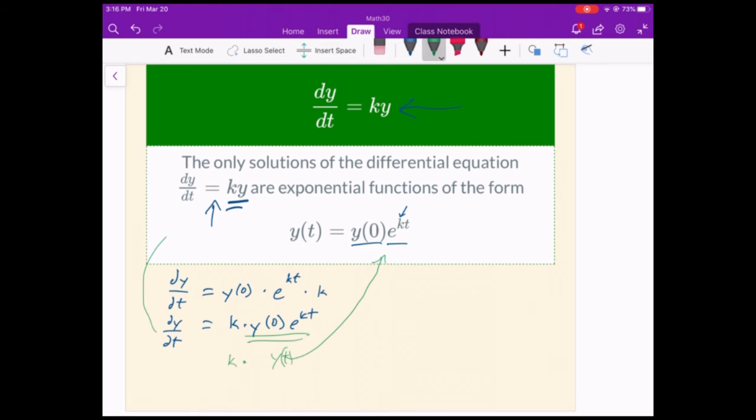So we do have the original differential equation that we were expecting.